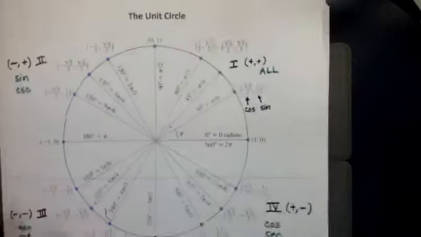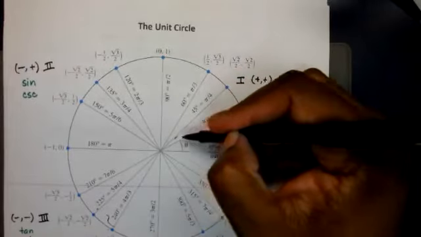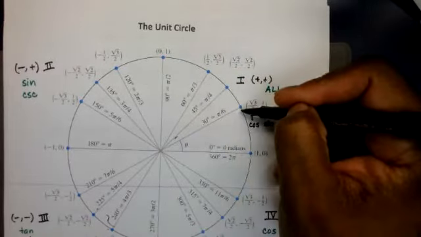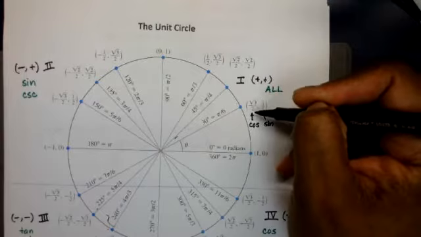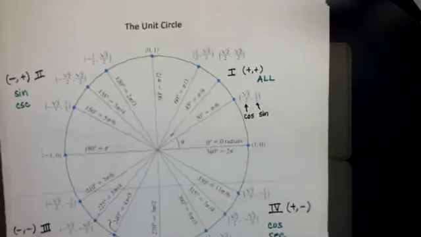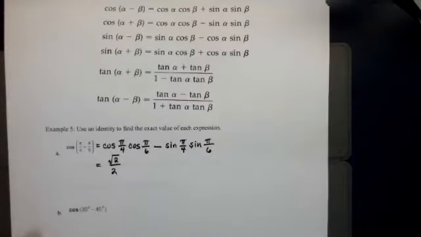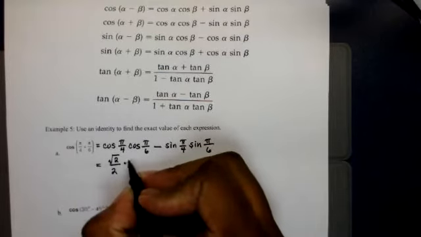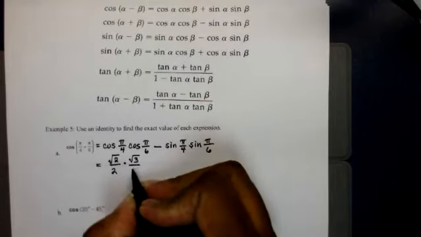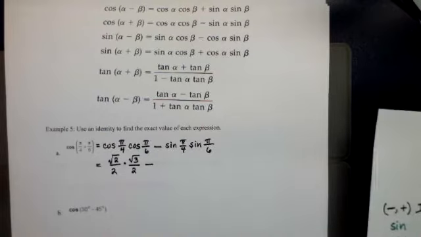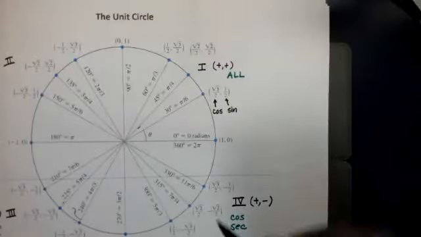And for pi over 6, which is here, its cosine is that x-coordinate, square root of 3 over 2. Then minus sine of pi over 4 and sine of pi over 6. Well, the sine is always the y-coordinate on the unit circle.